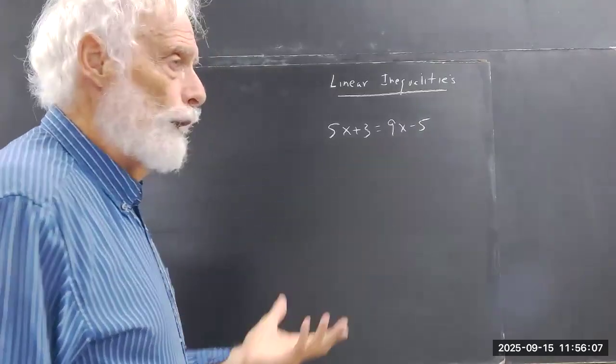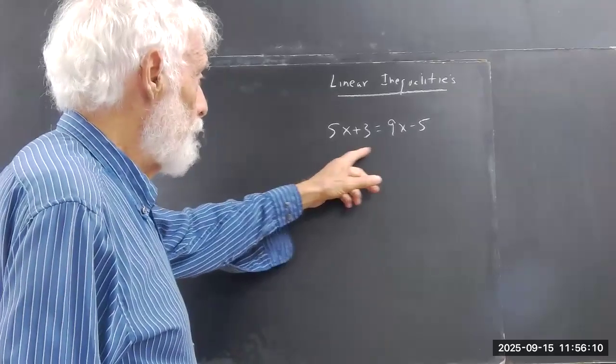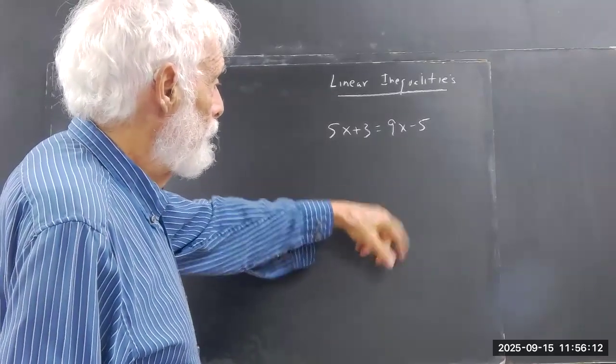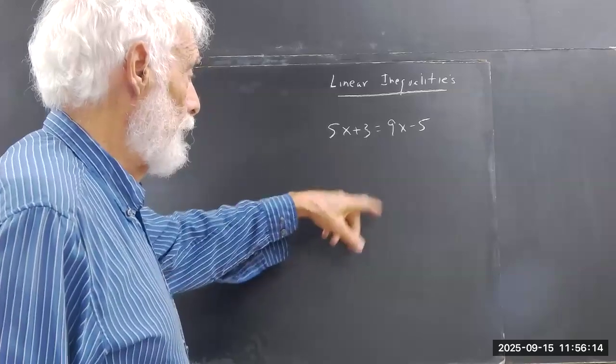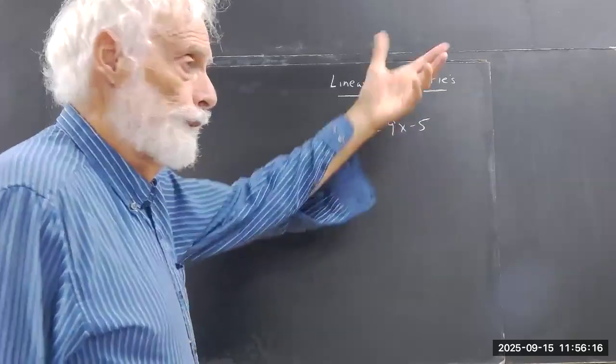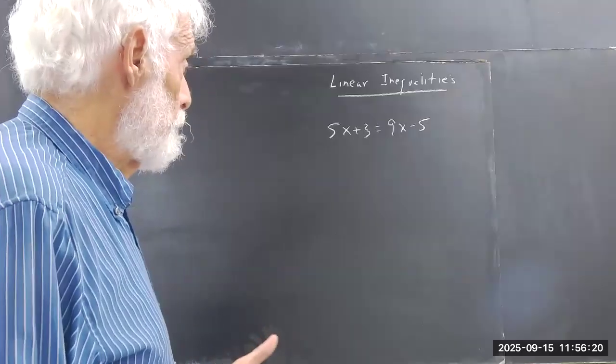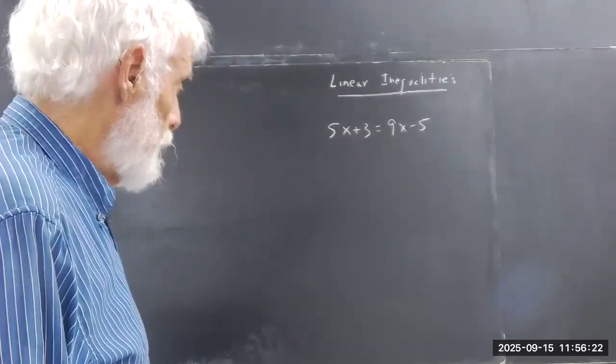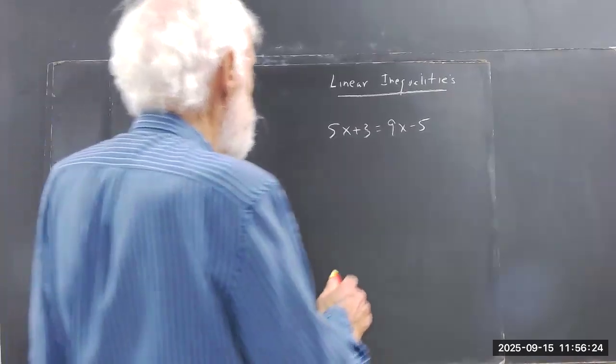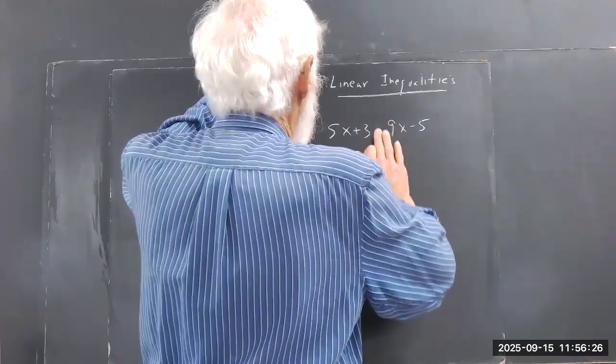Well, you know how to solve that. You subtract 3 from both sides, and then subtract 9x from both sides. You end up with negative 4x equals negative 8, and x equals 2, not negative 2.